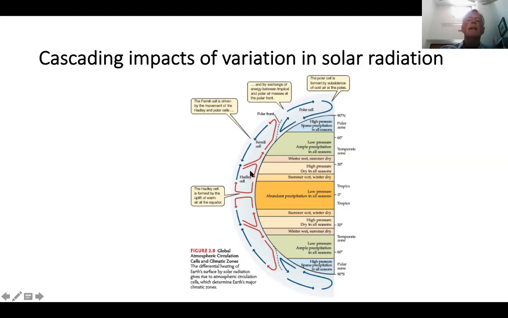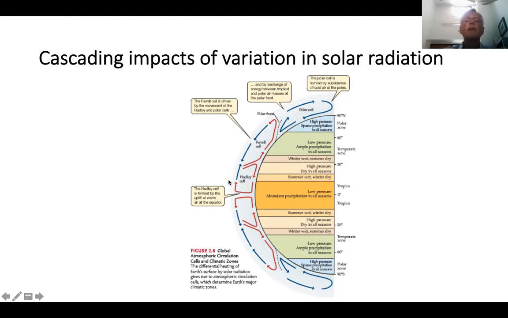And as a consequence of the Hadley cell at the equator and the polar cell at the pole, there is an in-between cell called the Ferrel cell that is just being driven by these extreme cells, the Hadley cell at the equator and the polar cell at the pole.